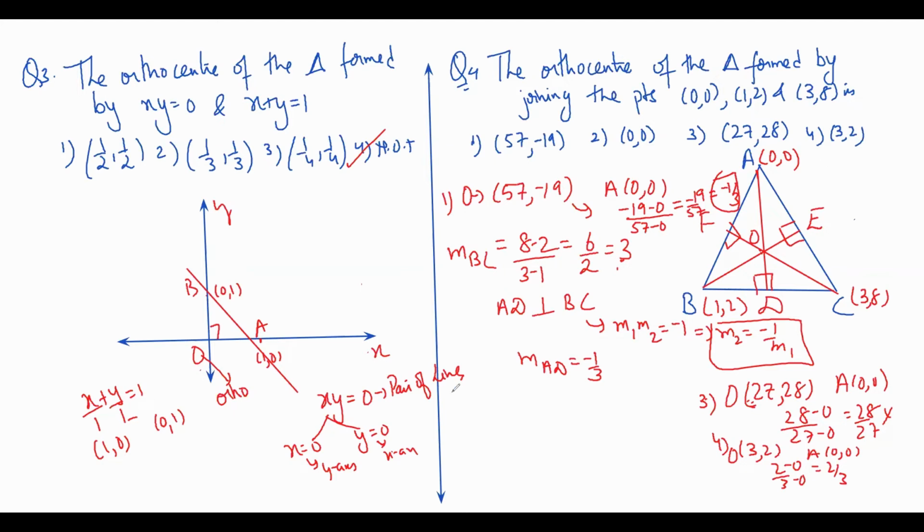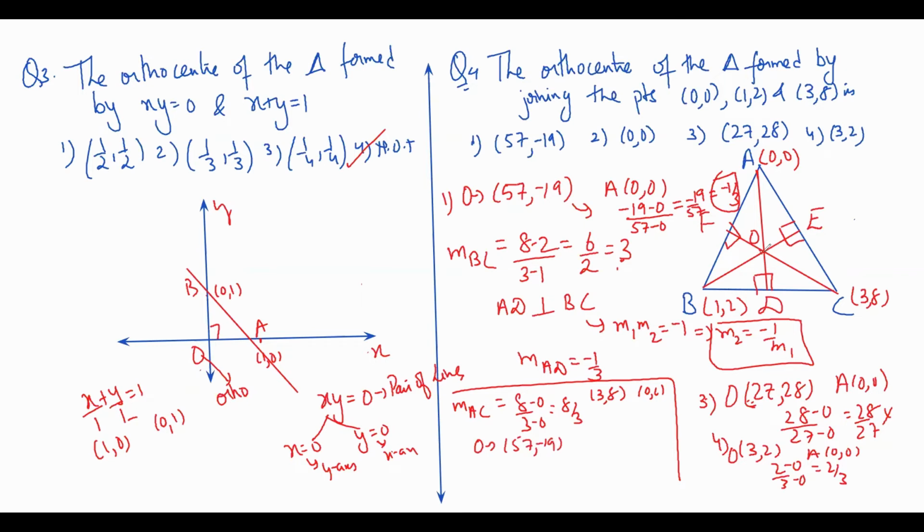That is, the second method is you take the slope of side AC. For slope of AC, one point is 3 8 and another point is 0 0, and the slope is 8 minus 0 upon 3 minus 0, and that is 8 by 3. Now take the first option as O, and now what you are going to check?